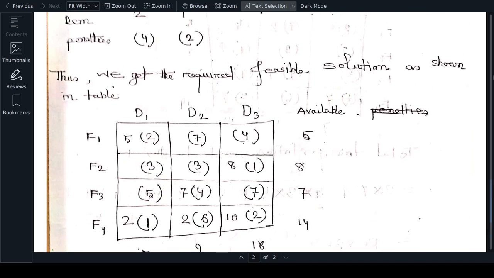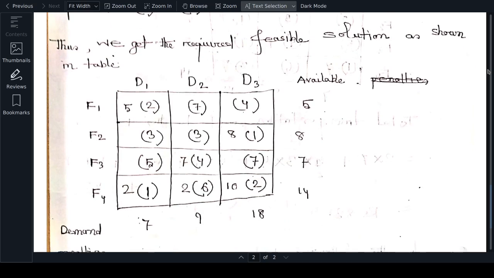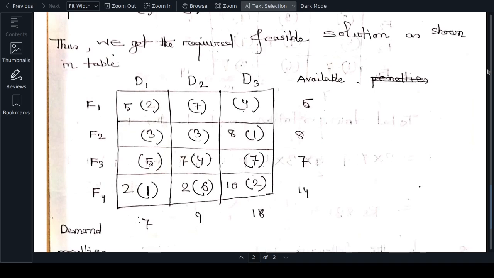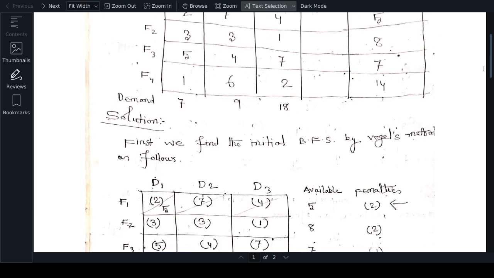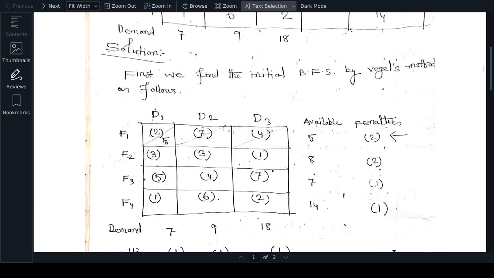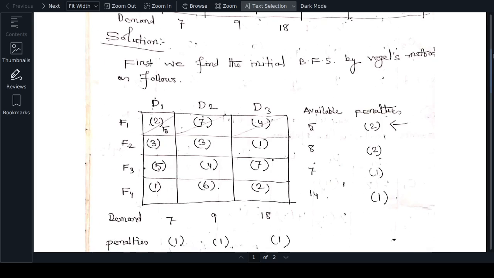So you see here in F3 and F4, I have written directly. In F3, penalty is 1, F4 row penalty is 5. Then D1 column penalty is 4, D2 column penalty is 2. Right? So next you give the allocation.